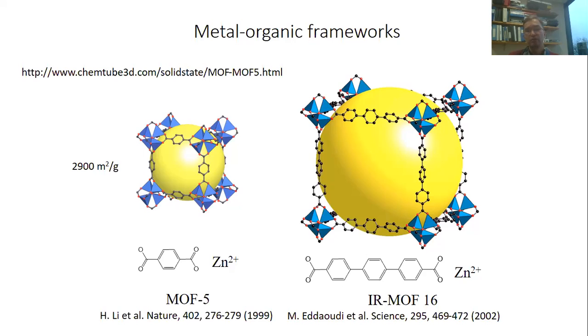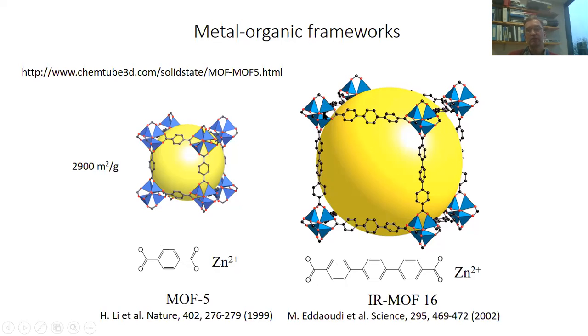So for instance, here you have a metal organic framework which is called IRMOF-16, and it contains also zinc ions, but now the linker is larger in comparison to this one. We have 3 phenylene units instead of just 1.